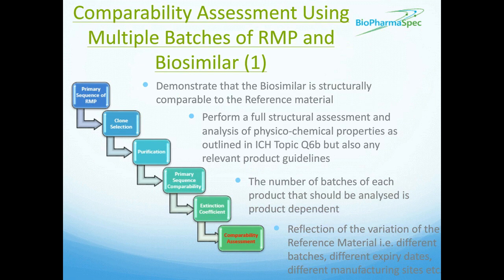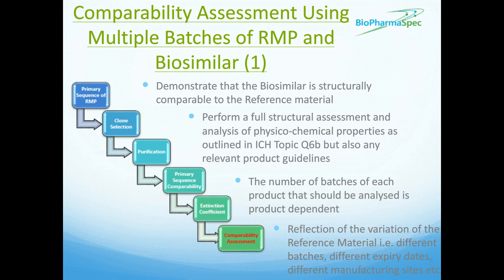So moving on again slowly, we bypassed the extinction coefficient because again that doesn't include higher order structure. We're now talking about comparability assessment, and if you like, this is the mainstay of what we're trying to do in a characterization sense of biosimilars.